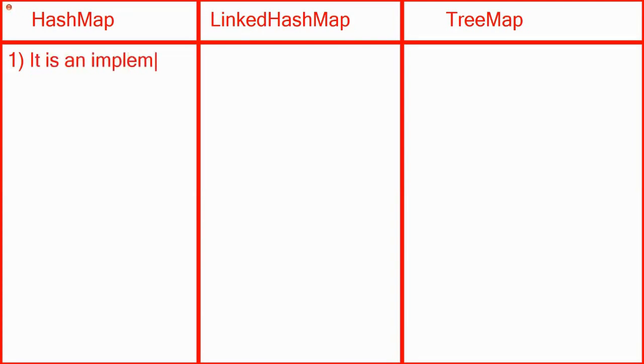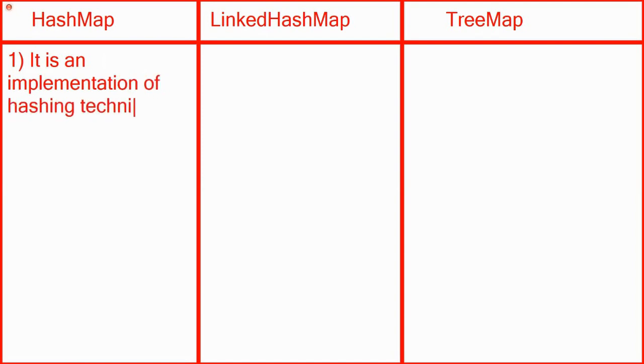HashMap, LinkedHashMap, TreeMap. HashMap is an implementation of hashing technique with array representation.